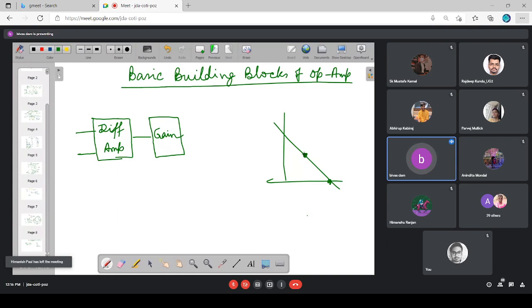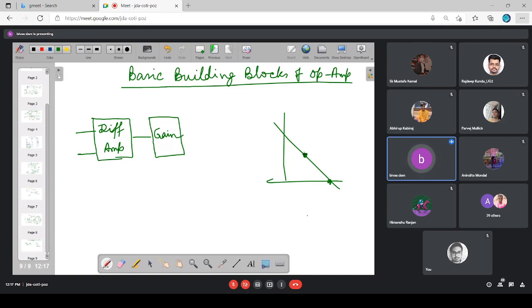Because your applied DC voltage in the common emitter amplifier is plus VCC. What are the two DC sources? One is plus VCC, and the other one is ground. So that means the output voltage will swing between 0 and VCC.